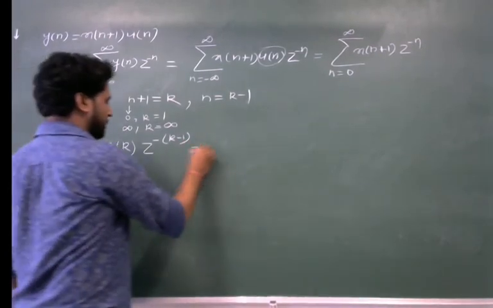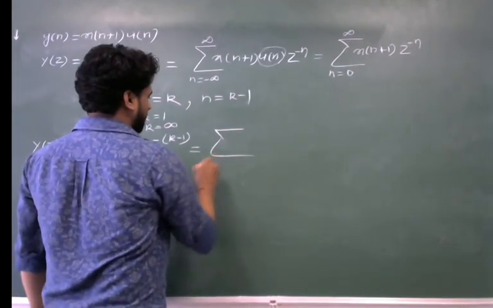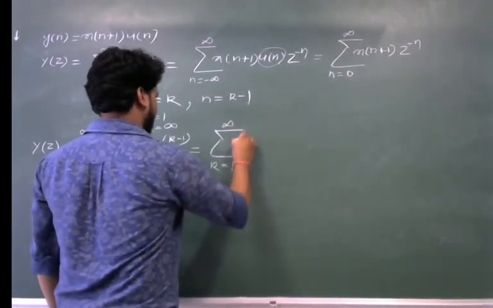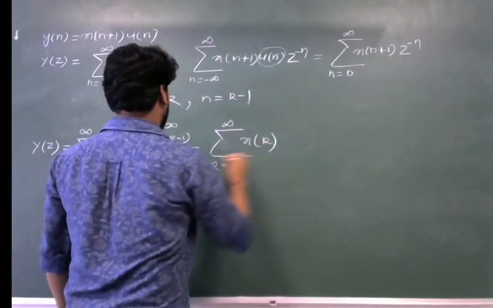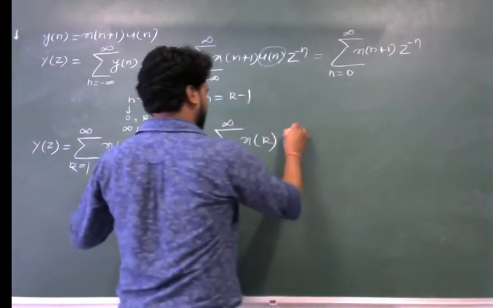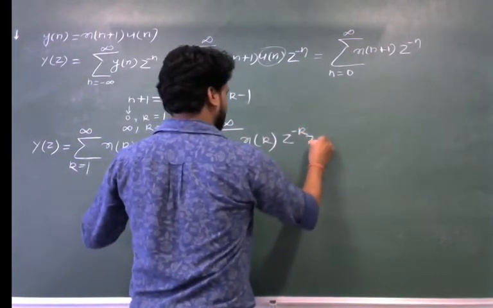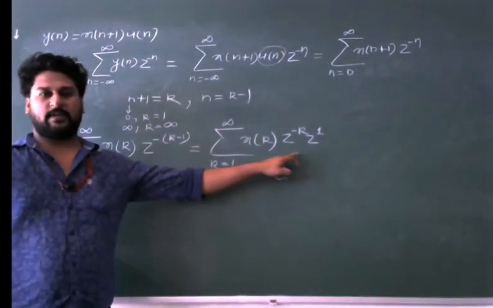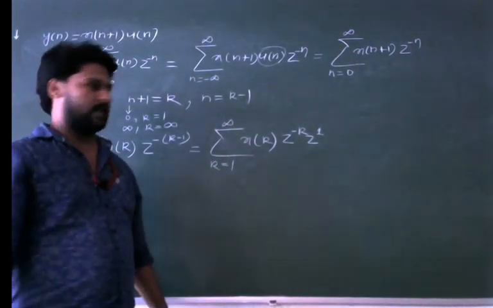Now this will become the sum for k from 1 to infinity of x of k into z power minus k into z power plus 1. Here z power plus 1 is a constant, so I will put it outside of the summation.